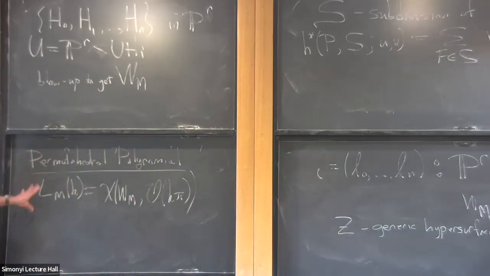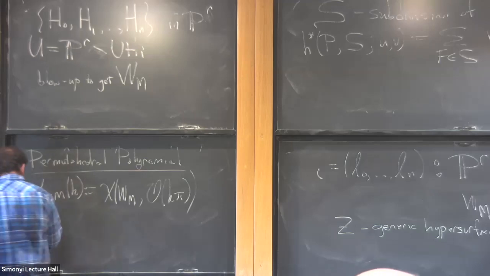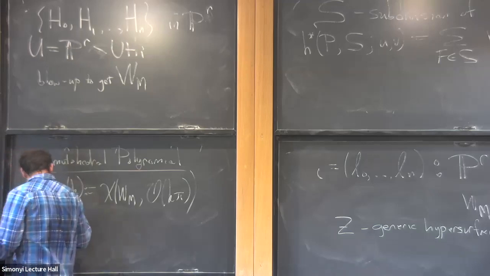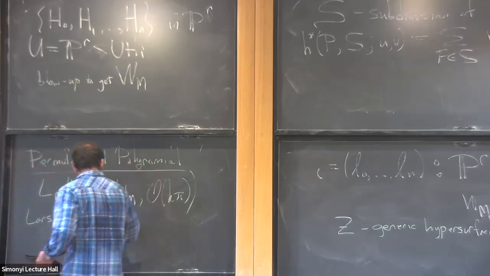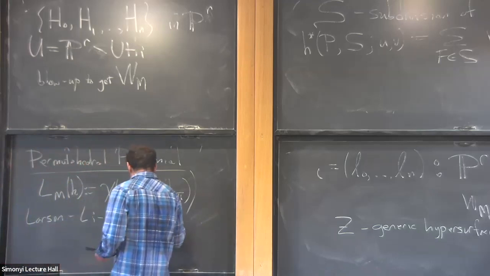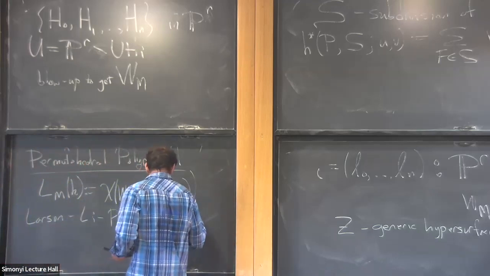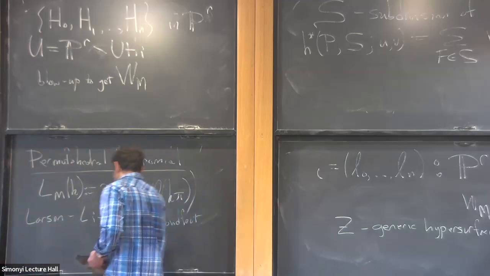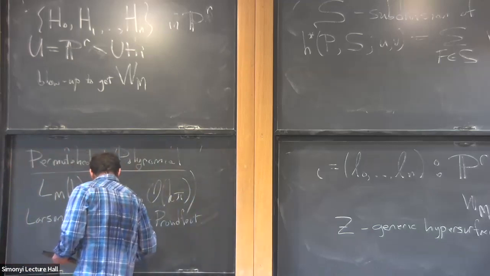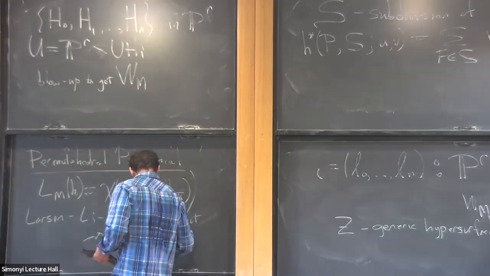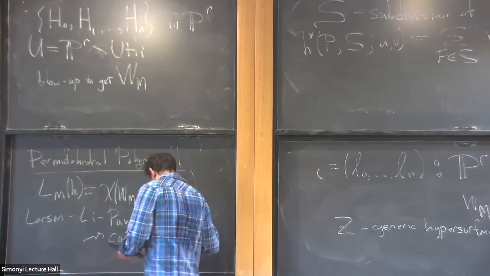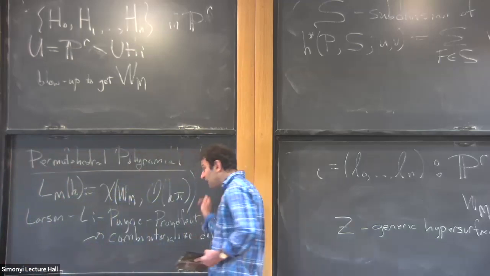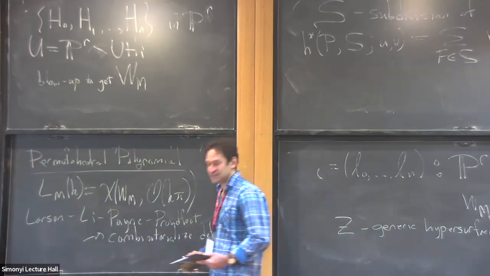Does it depend on the realization of the matroid? And the answer is it doesn't. By work of Larson, Lee, Payne, and Proudfoot on K-rings of matroids, we can combinatorialize this definition. And this turns out to be valuative.